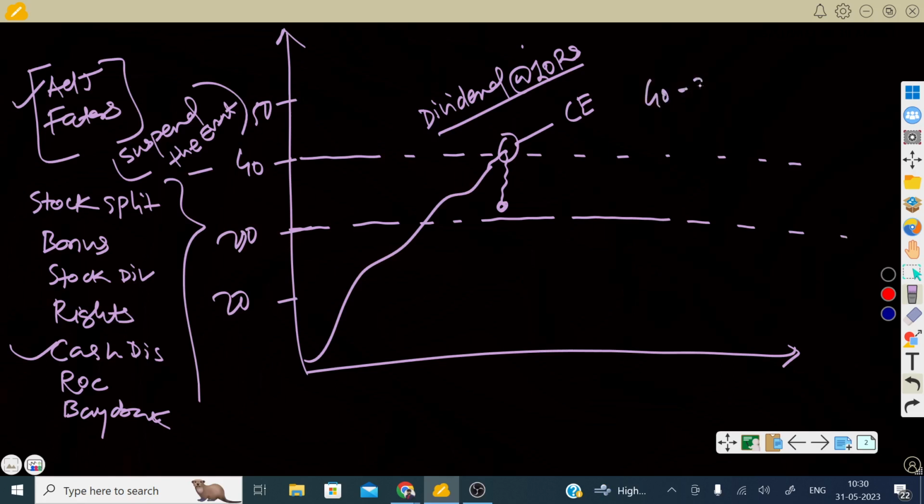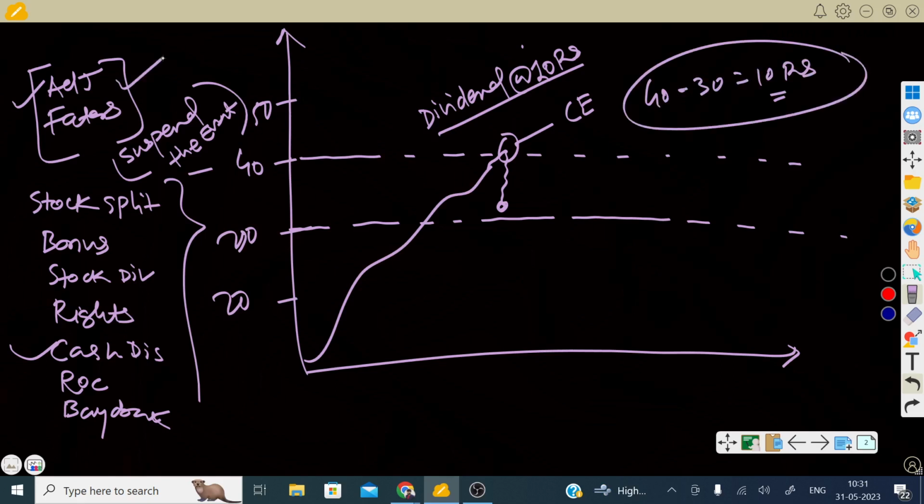Yes, 40 minus 30, 10 rupees per share. But as I told, it's an adjusting factor. So the stock exchange will adjust the price of option trades also proportionately. Directly, option contracts will adjust by 10.